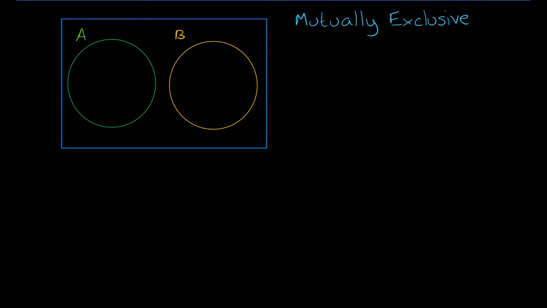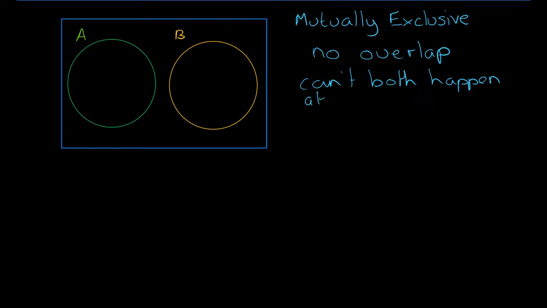So let me introduce you to the term mutually exclusive. This diagram demonstrates what a Venn diagram would look like if the two sets were mutually exclusive. You can see that there is no overlap, because they can't happen at the same time, or both can't be true at the same time.